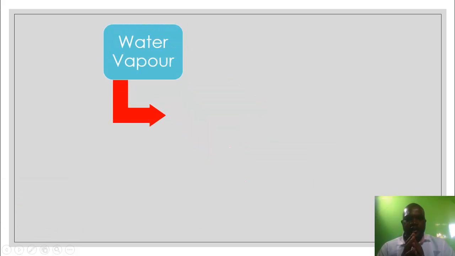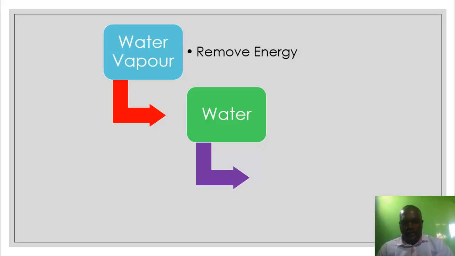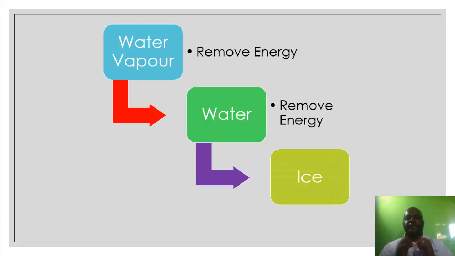Now, if we look at the reverse order, we start with water vapor, and then we remove energy, that is, we cool it down, and then we have water, and then from water we end up removing energy again, and we have ice.